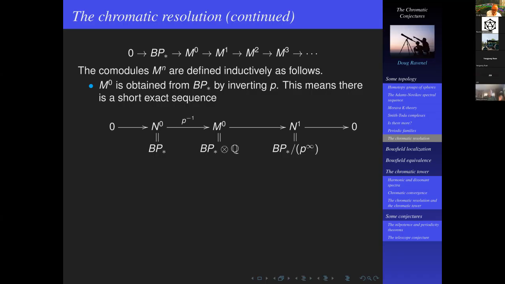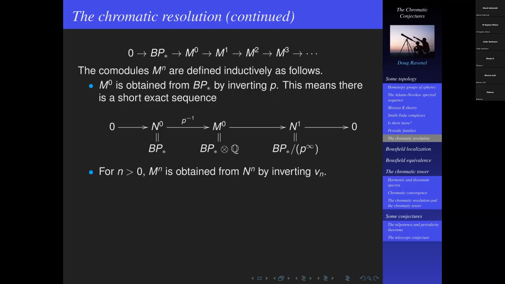You could take Z mod P to the I and include it into Z mod P to the I plus 1 in an obvious way, and then include that into Z mod P to the I plus 2, and then you could take the co-limit of all of that, and you'd get something known as the Prüfer group, which I like to call Z mod P to the infinity. So Z mod P to the infinity means the co-limit of Z mod P to the I as I gets larger.